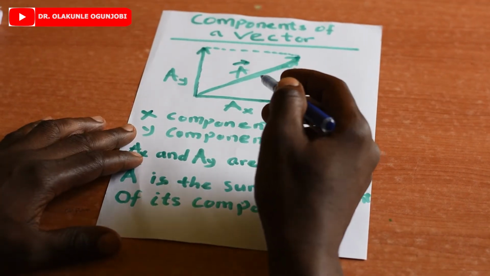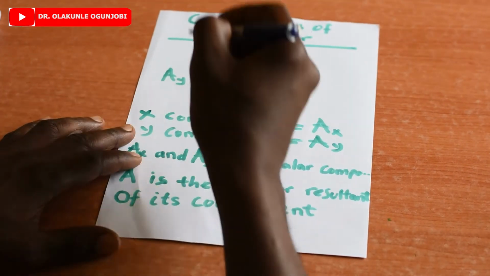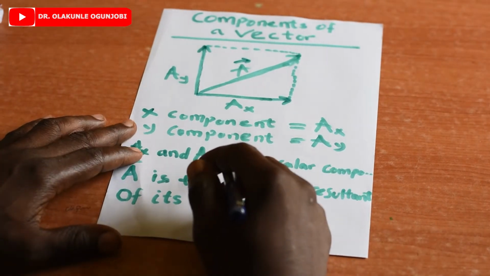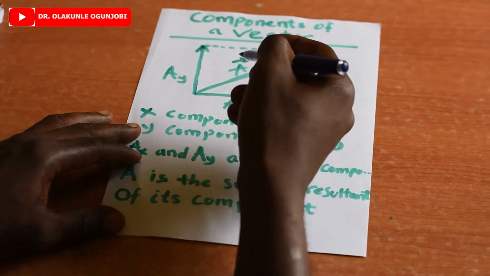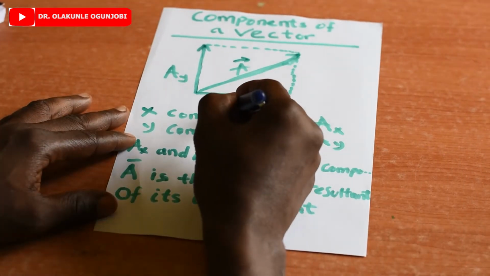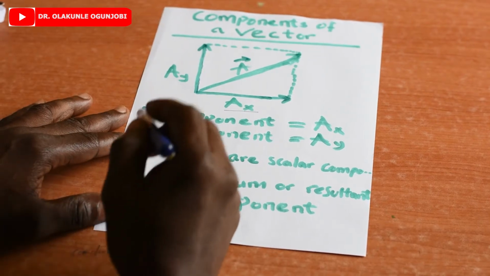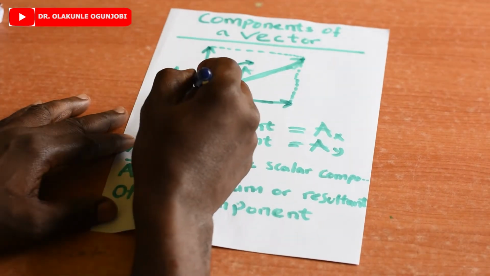along the x and y axis. Okay, the x component is denoted as ax, and the y component is denoted as ay.